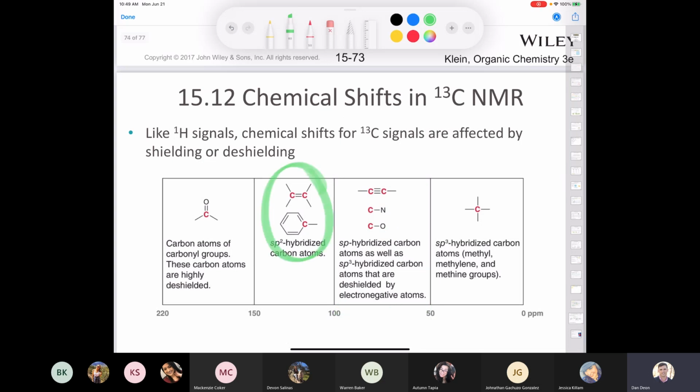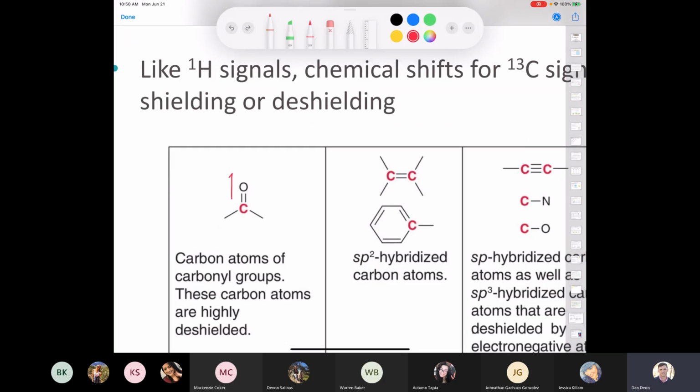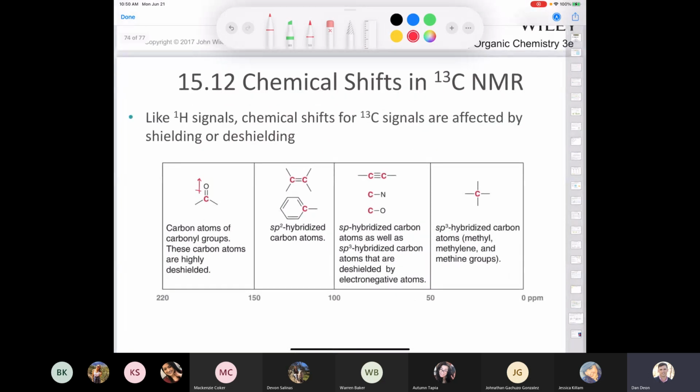If you have any sp2 hybridized carbons, they come out between 100 and 150 parts per million. And when you have a carbonyl carbon, those are going to be the most deshielded, right? Because you've got that strong electron withdrawing effect of the carbonyl group. So those are going to have the highest chemical shifts, around 150 to 220 parts per million. And that's really all you need to know for the chemical shifts of carbon-13.